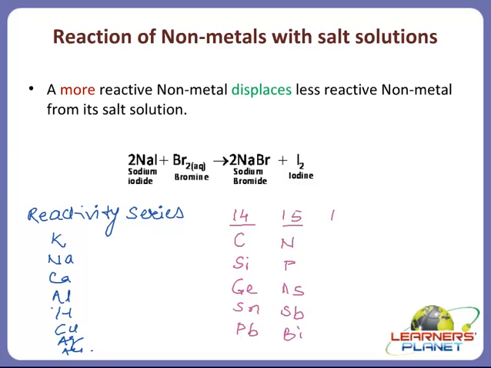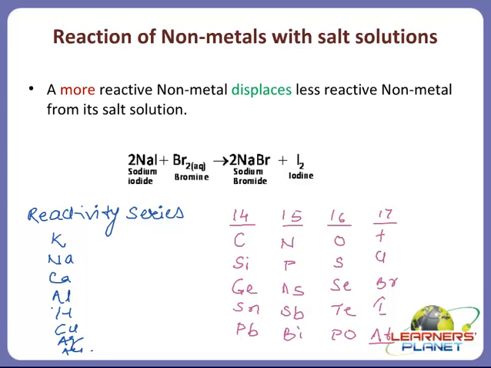Group 16, oxygen, sulfur, selenium, tellurium and polonium. Group 17, fluorine, chlorine, bromine, iodine and of course astatine. Now the last element, children, this astatine, it is radioactive.